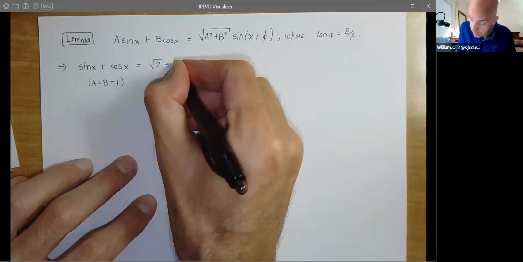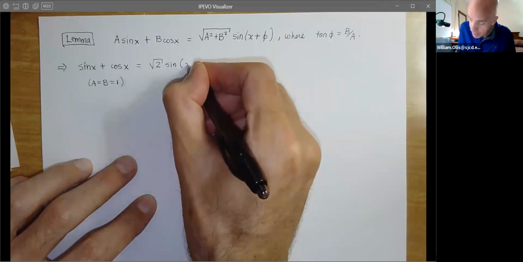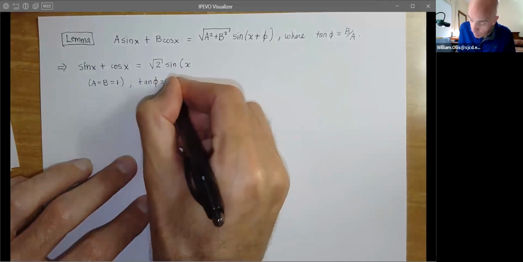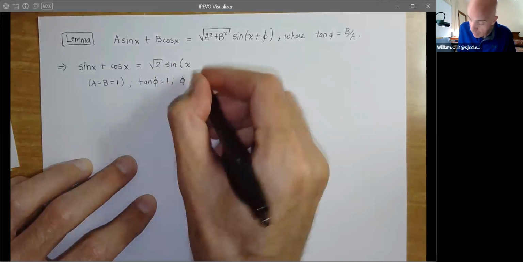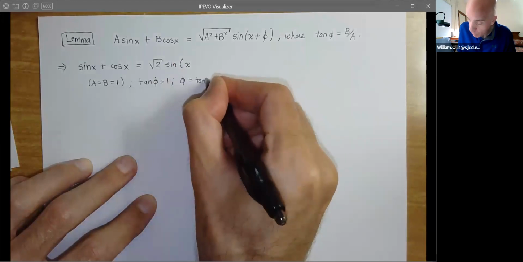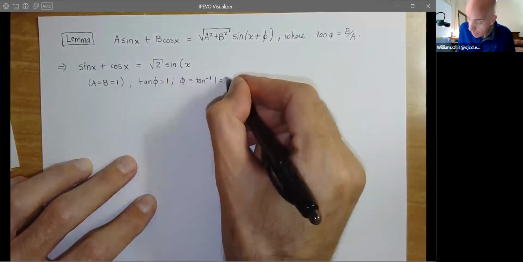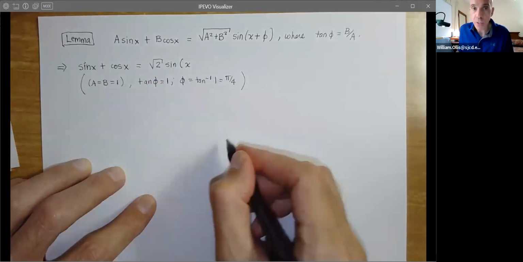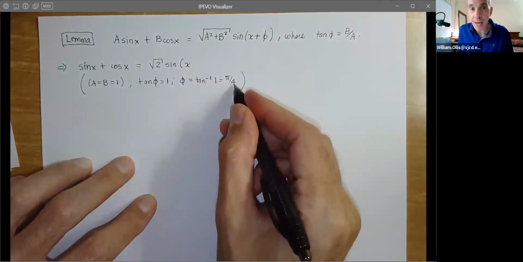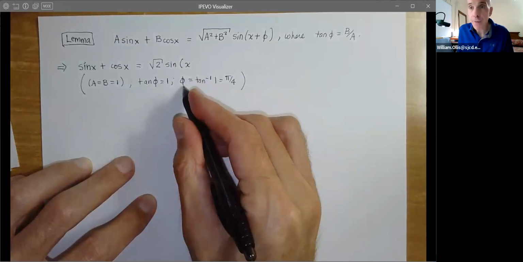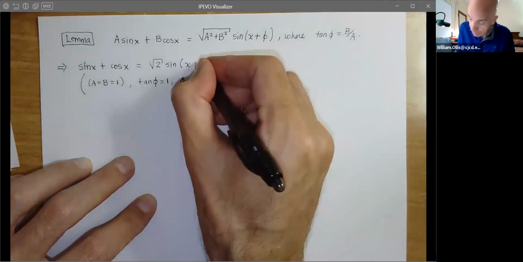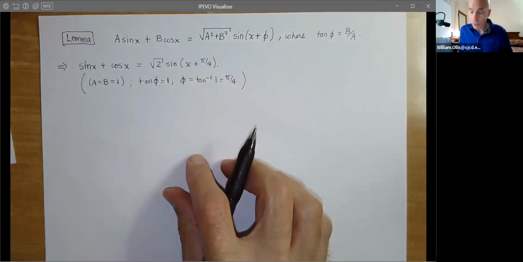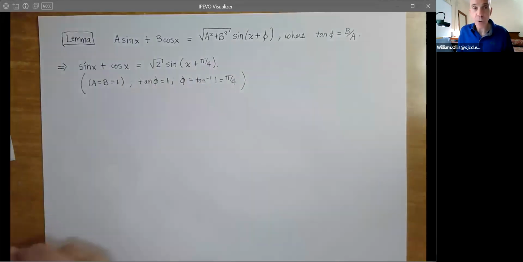And then we have sine x plus phi, and of course tangent phi equals 1. So phi would be the inverse tangent of 1, and we know that's just pi over 4. So this is the little calculation that we do. We may not always be able to get a nice formula for phi, but in this case we do. So using our lemma here, we have a nice expression for this.